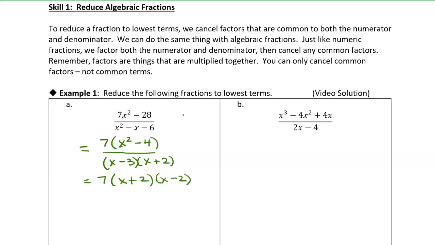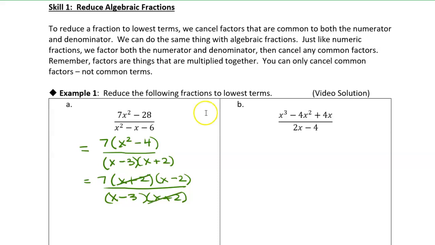If you don't remember it, you can treat it as a quadratic with a 0x in the middle. And then you can factor it like a regular quadratic. All right, so let's just copy down the denominator, x minus 3 and x plus 2. And now you can see there's a common factor of x plus 2 in the numerator and the denominator. Okay, so we're going to cancel the x plus 2.